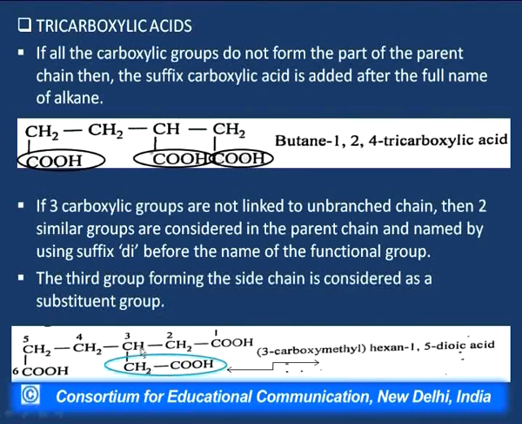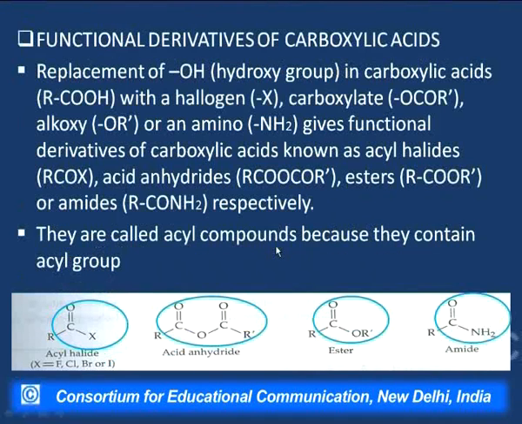And this substituent, which is at the 4th carbon, will be named as carboxymethyl. This is taken as a substituent group. So we write the name as 3-carboxymethyl hexane 1,5-dioic acid. Right.